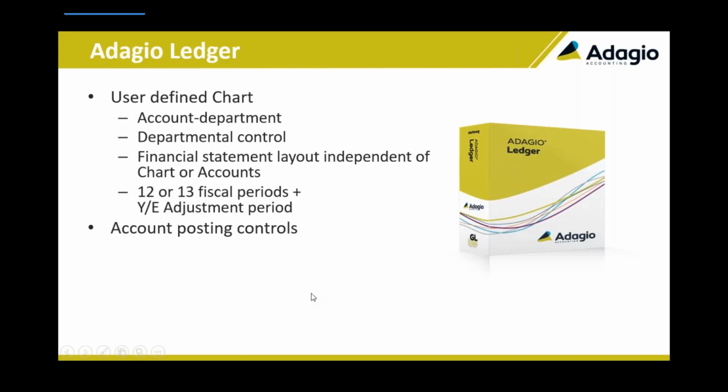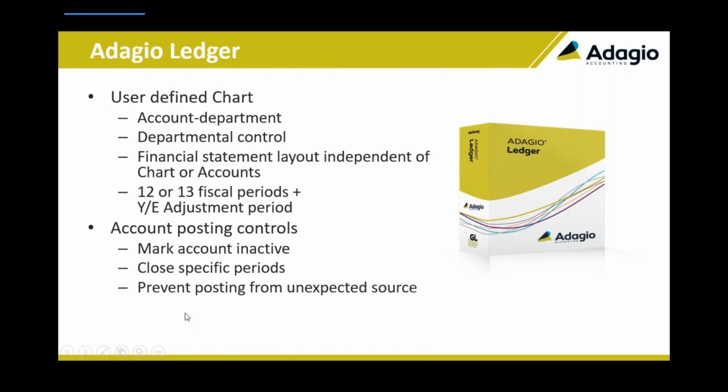No matter whether you choose a 12 or 13 period fiscal year, there is still a special year-end adjustment period so that you can post year-end adjustments without distorting the operational nature of the comparative financial statements. You can mark accounts inactive, which prevents people from posting to them inadvertently. You can close periods.